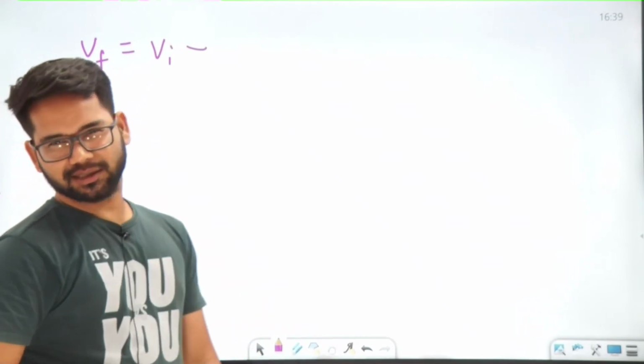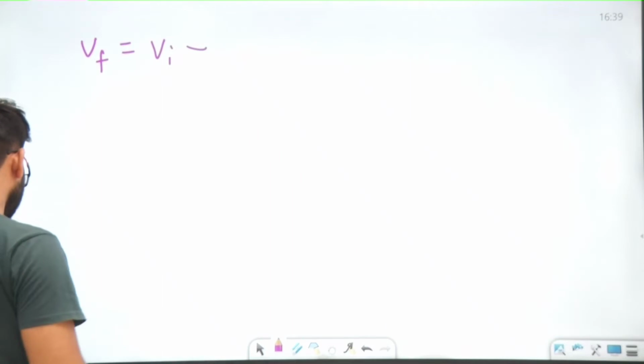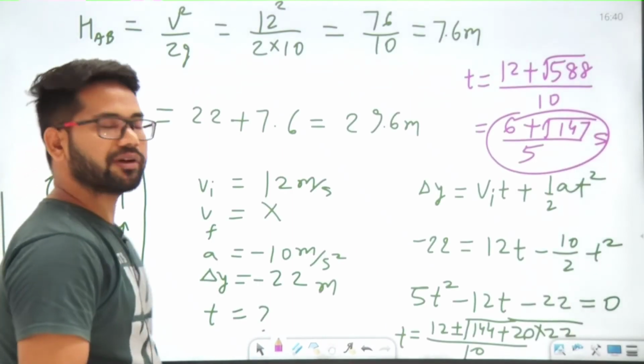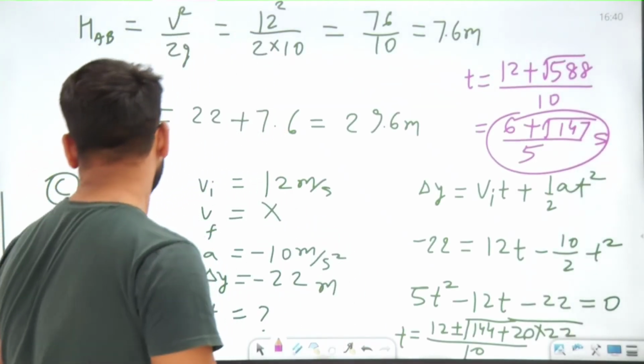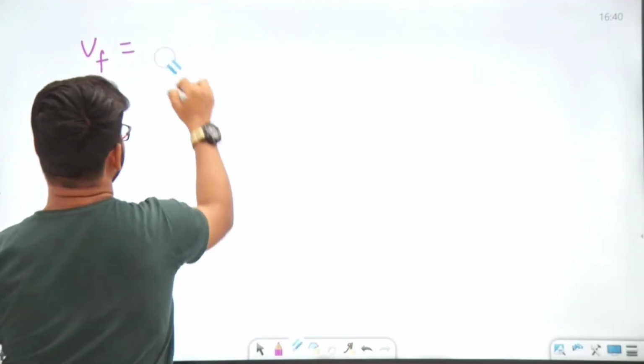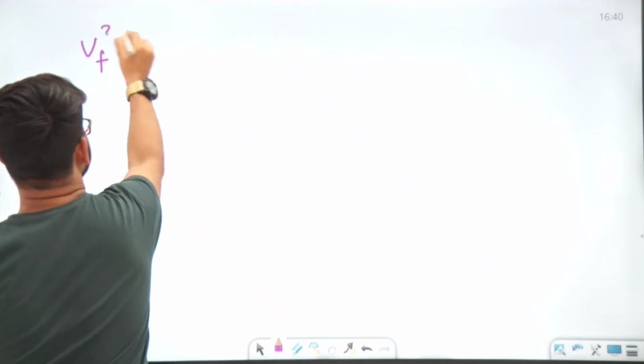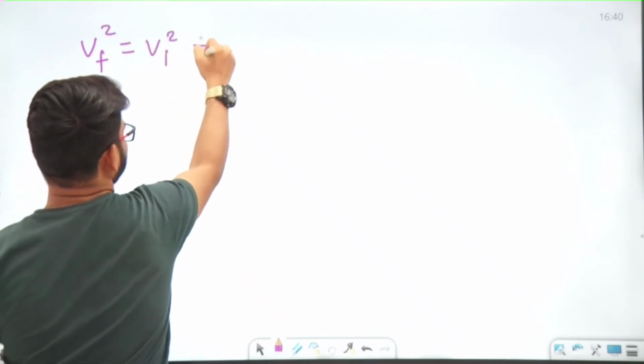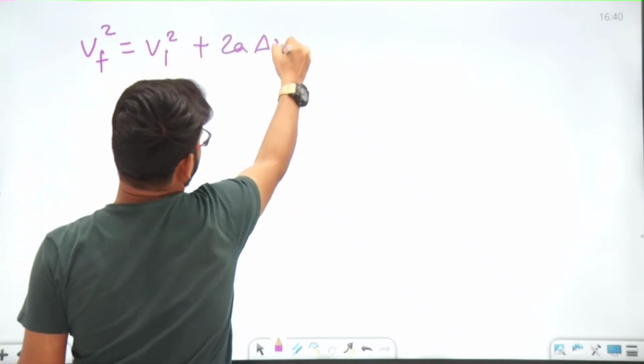Time is complicated, so I am going to avoid using time. So I have to apply Vf square equals Vi square plus 2a delta y.